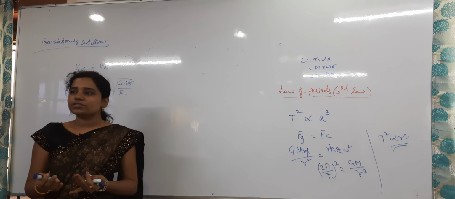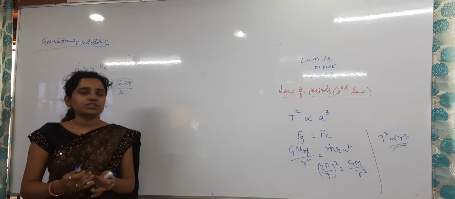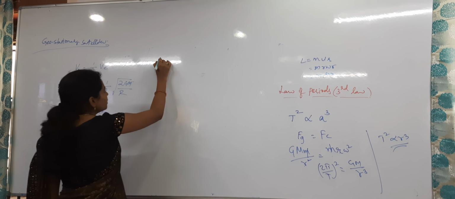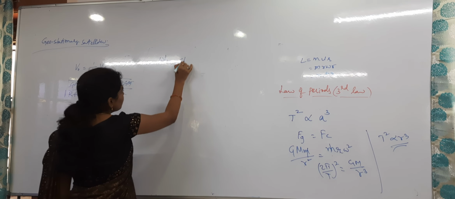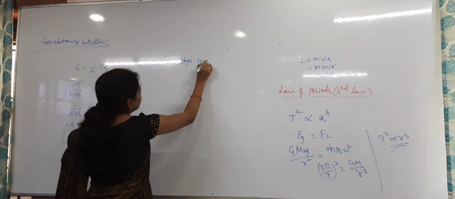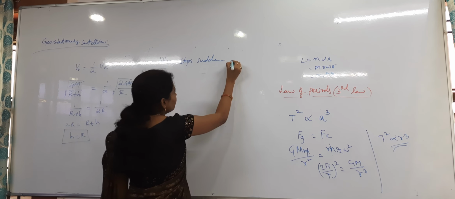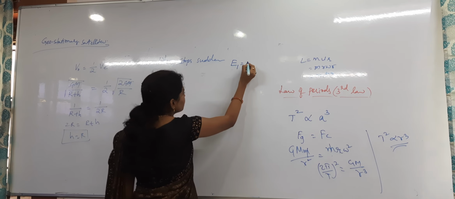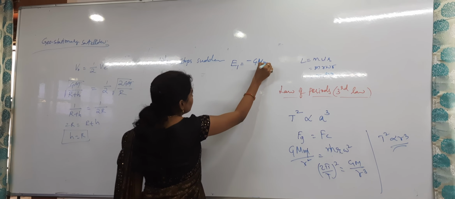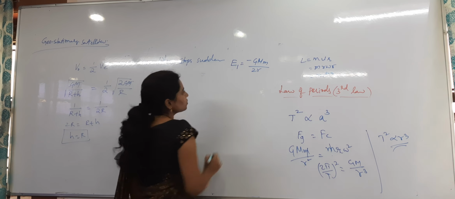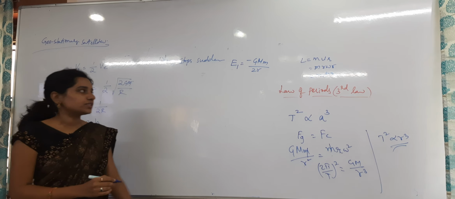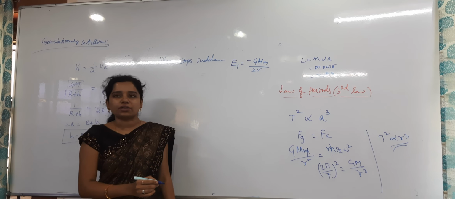It will have kinetic energy as well as potential energy. So when it stops suddenly, at that time it will have total energy. Let me take E1 equal to minus GMm by 2r, where the distance is 2R.